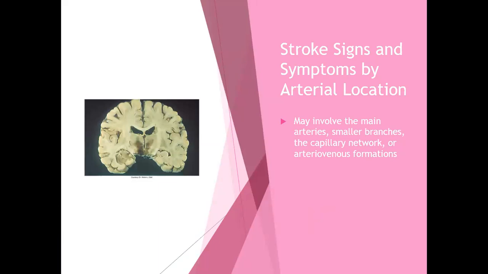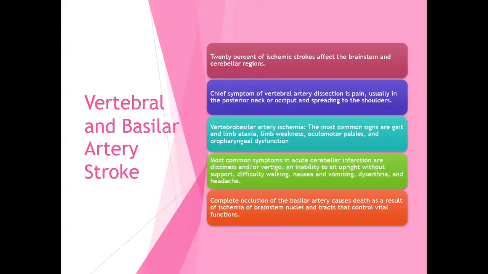So many of the strokes that we see involve main arteries, smaller branches, the capillary network, or arteriovenous malformations, where you have different structures instead of the capillary network. We'll talk about it.